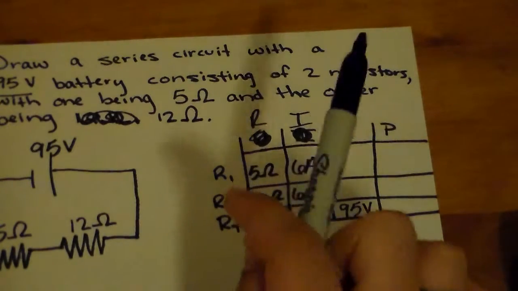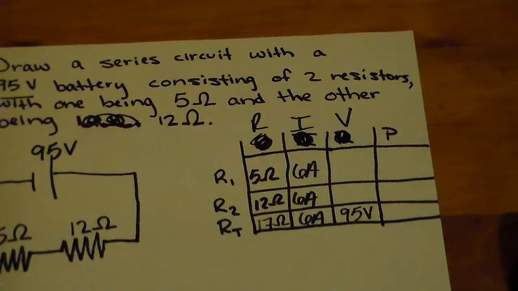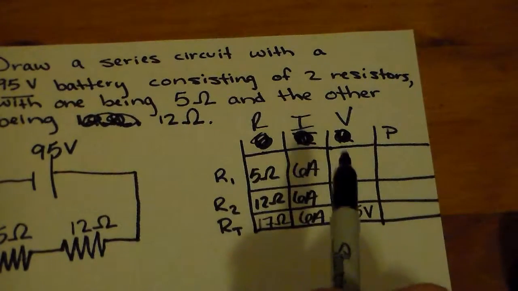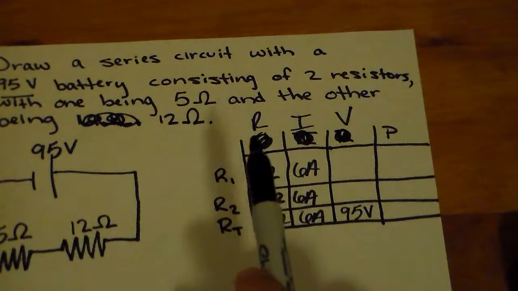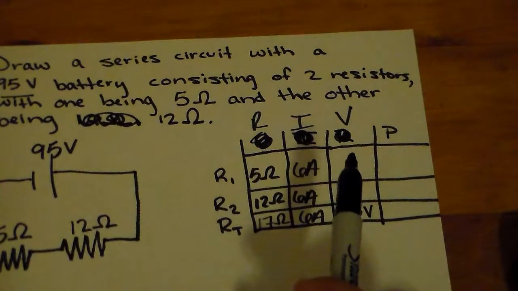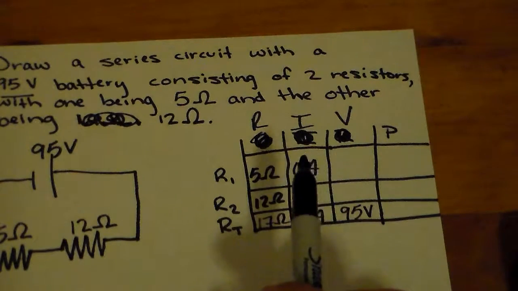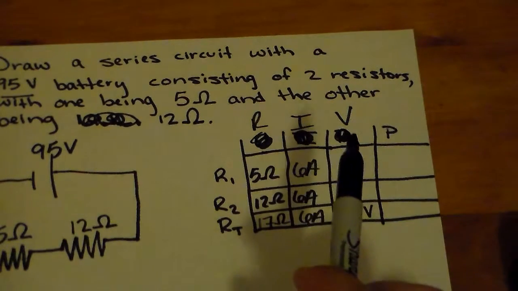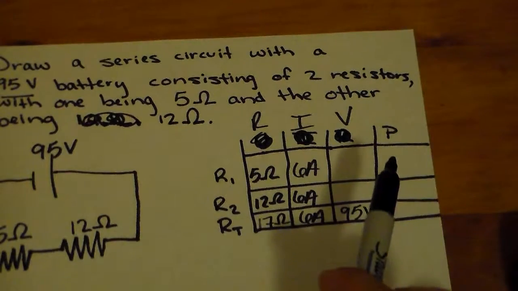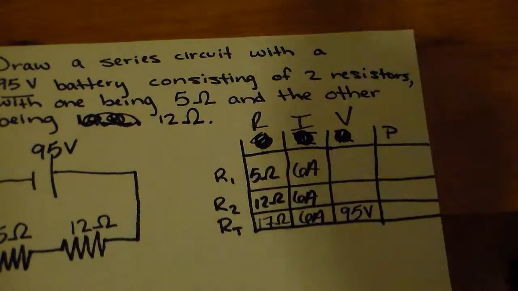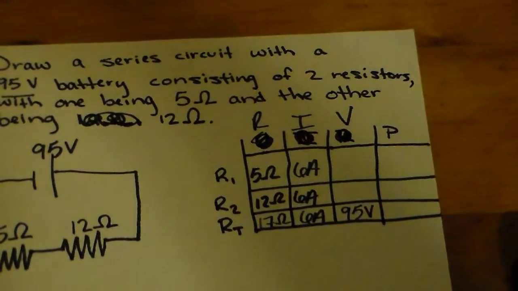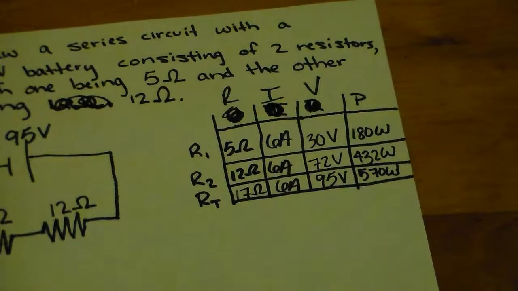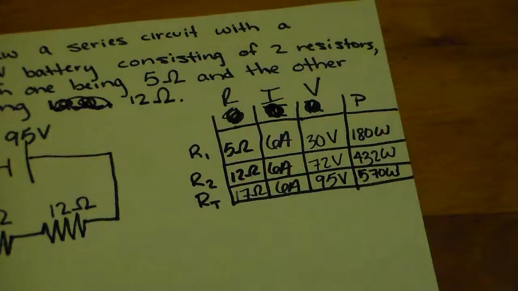Now, what I want you to do is pause the video real quick and find V and then P. You want to multiply I by R, which will give you V, and then you want to multiply I times V, which gives the answer for P. So pause the video, and when you get those answers, continue and see if you get the same answer as me.